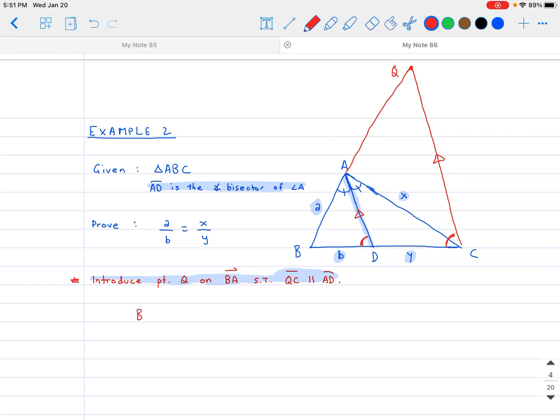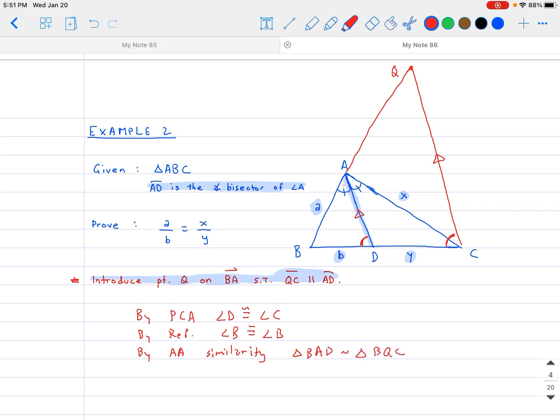Okay, so by PCA, then that means that angle D is congruent to angle C. And also by the reflexive property, then we can say that angle B is congruent to itself then. So then the conclusion is by AA similarity, I can now say that triangle BAD is similar to triangle BQC.